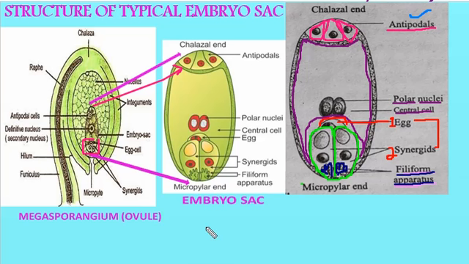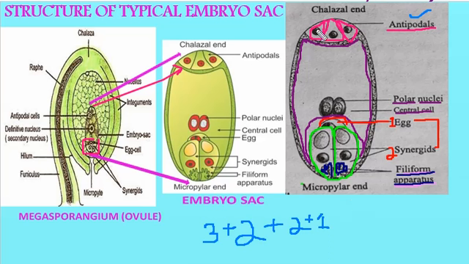Let me write here. 3 antipodals plus the central cell with 2 polar nuclei plus 2 synergids and egg cell. So there are 7 cells in the embryo sac and 8 nuclei in the embryo sac.